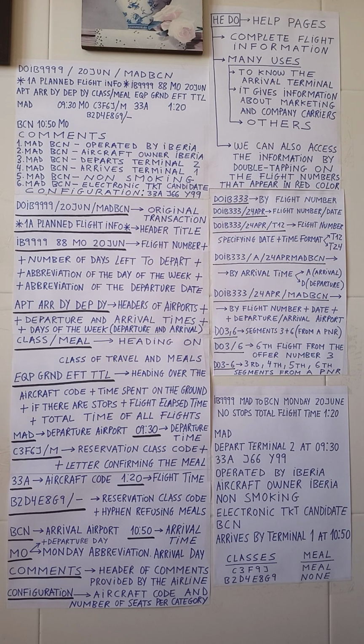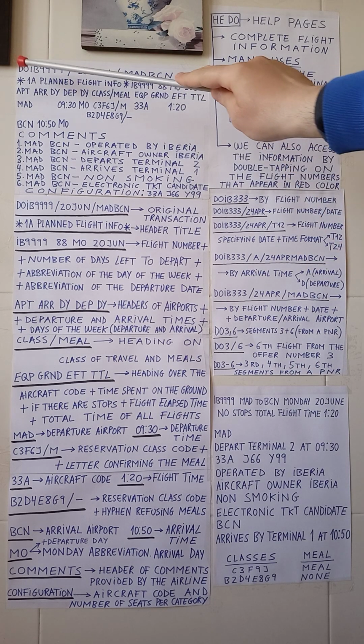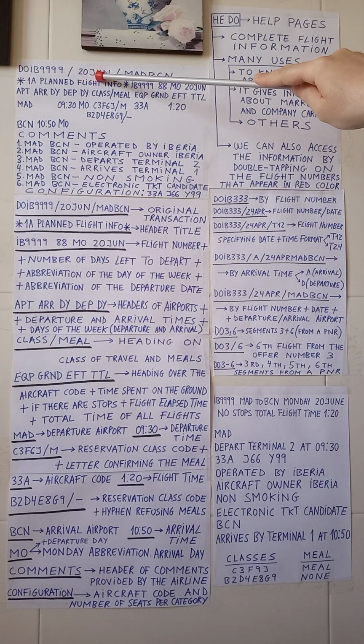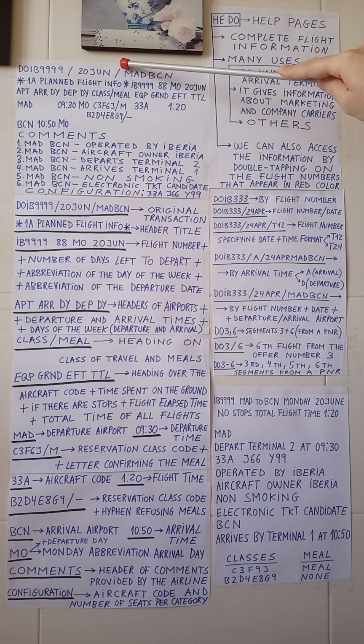I begin with the explanation of this kind of a screenshot. Let's go! So, as I said before, DOIB9999/20JUN/MADBCN is the original transaction.